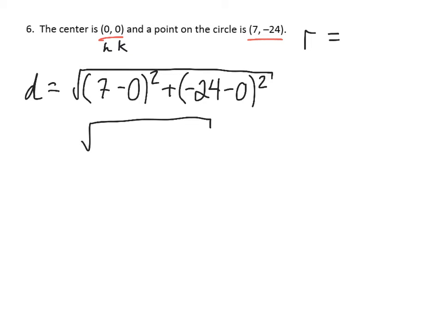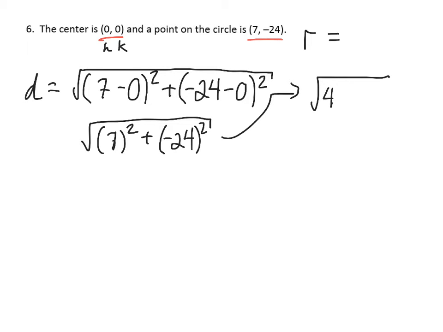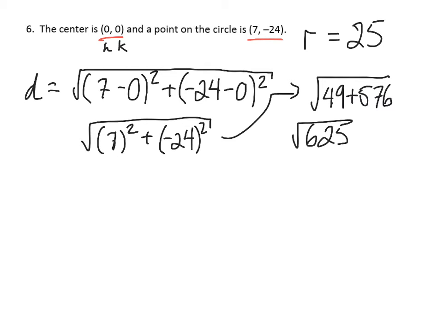So it's really just going to give me 7 squared and negative 24 squared, which gives me 49 plus 576, square root of 625, which gives me 25.